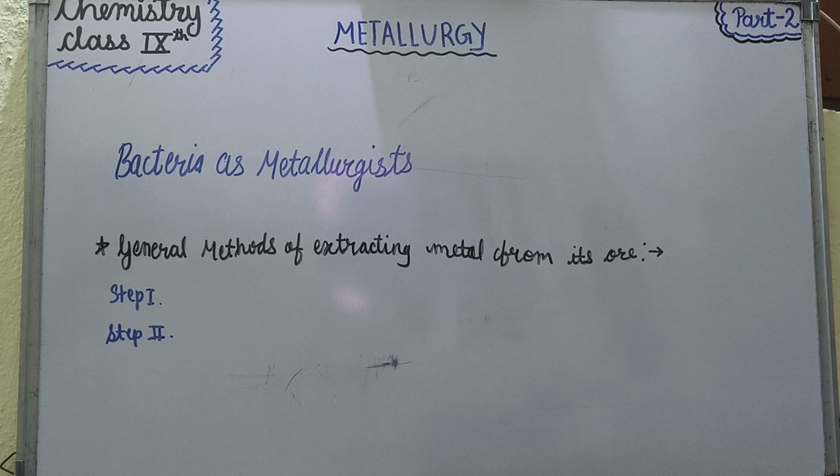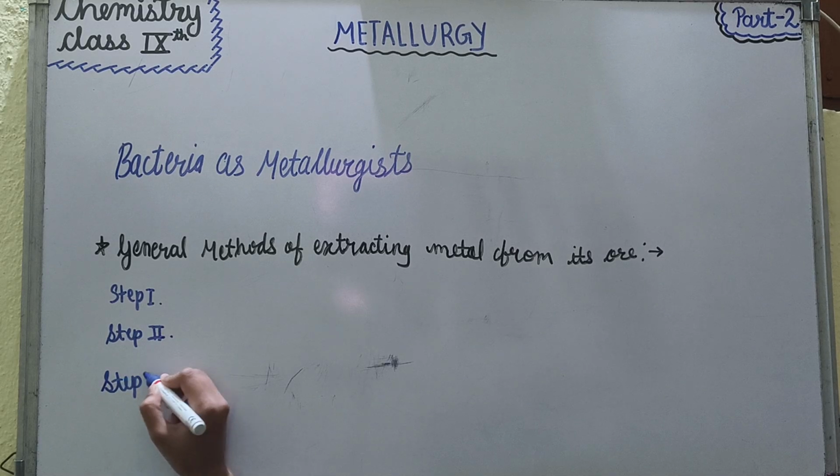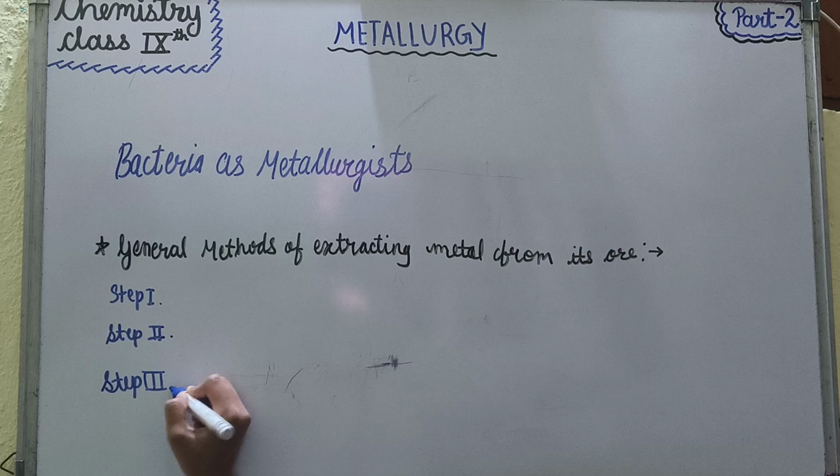Its first type is conversion of concentrated ore to oxide, and second is reduction of ore to metal. Step 3 is refining of metal. So let us study in detail of these steps and their types.